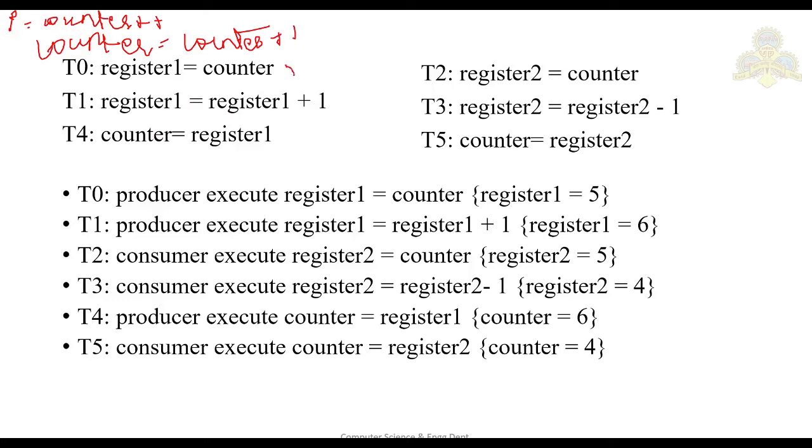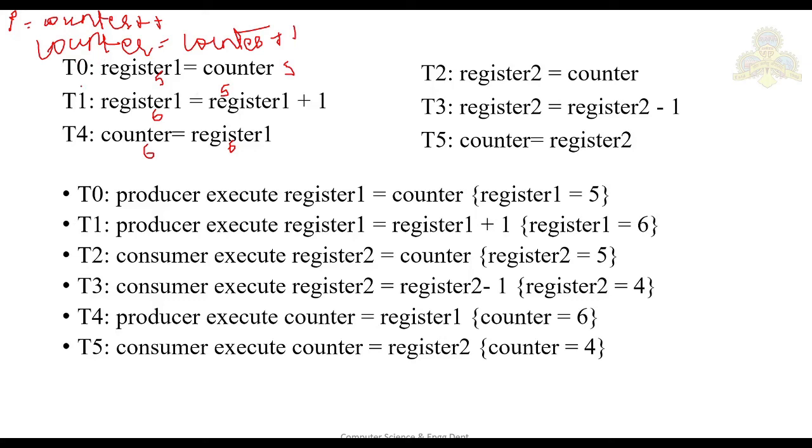Say suppose your counter value is 5. This 5 will be kept in your register 1. Okay, now your register 1 value is 5. So the next statement is register 1 is equal to register 1 plus 1. That means what is the register 1 value? It is 5, right? 5 plus 1, which is 6. So 6 now will be placed in this register 1. Okay. Next you have counter is equal to register 1. What is the register 1 value? Which is 6. Now the counter value, the same value would be placed in the counter variable. So this is simple statements, right?